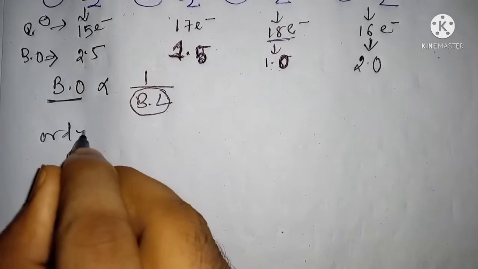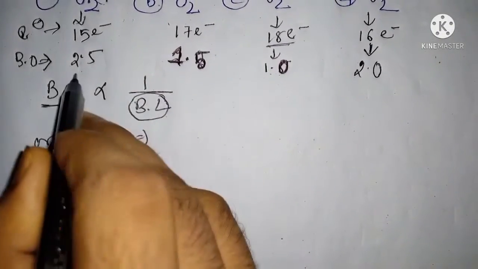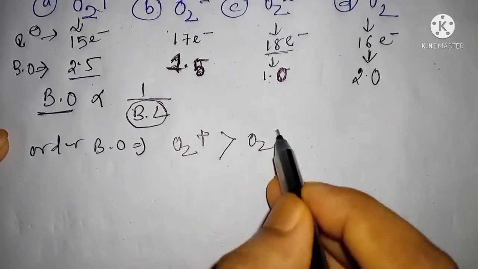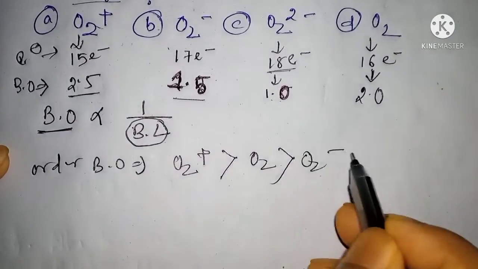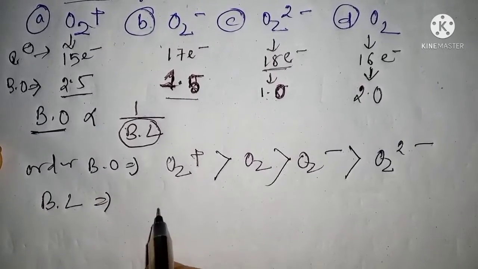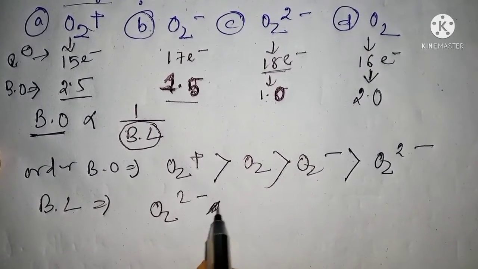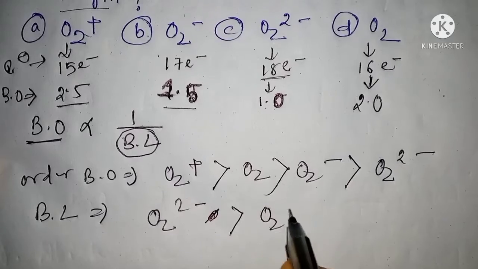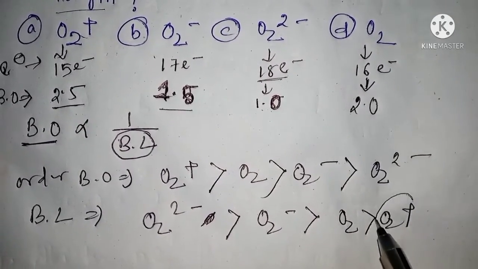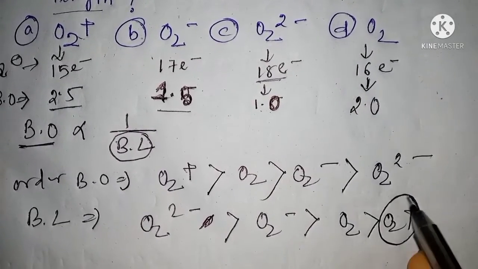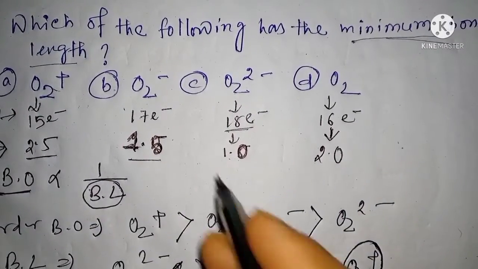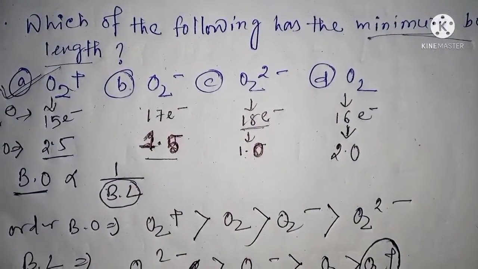Now order of bond order: 2.5 is highest, so O2+ greater than O2 greater than O2- with 1.5, greater than O2 2-. So bond length order is reverse. First O2 2- is maximum: O2 2- greater than O2- greater than O2 greater than O2+. So this is the least bond length. So the minimum bond length, option A is the right answer.